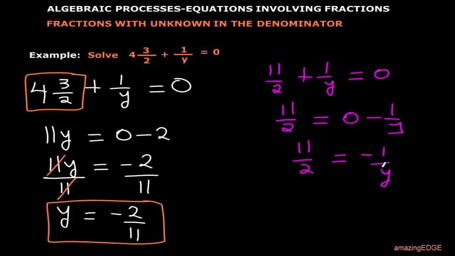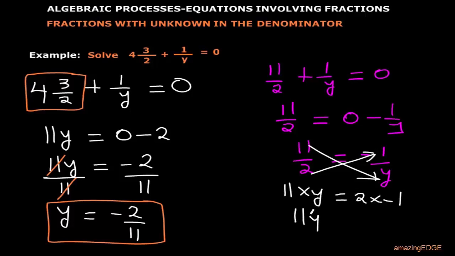It is only at this point that it resembles a over b equals c over d. So it is at this form that it is possible to do your cross multiplication. So you now have 11 times y, 2 times minus 1. So you have 11 times y equals 2 times minus 1.